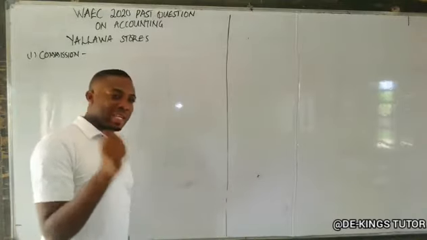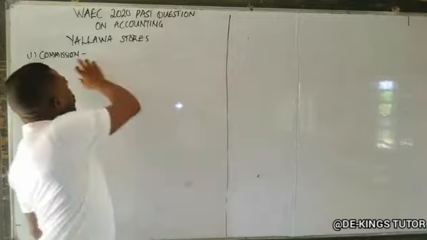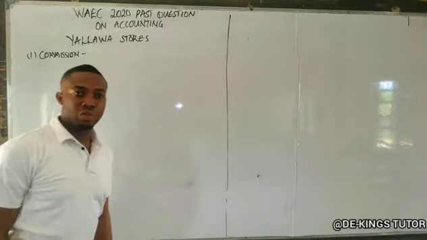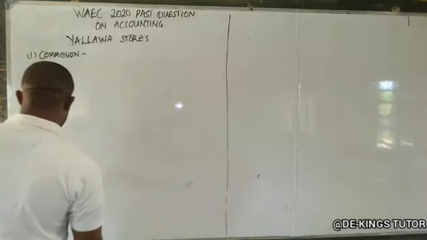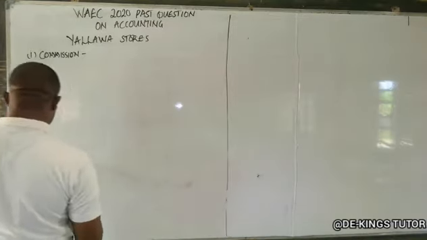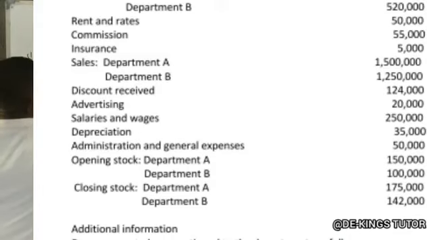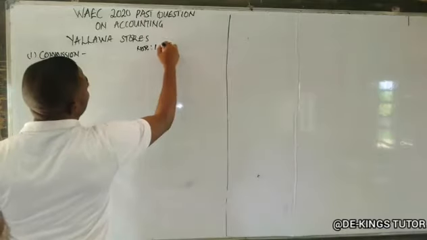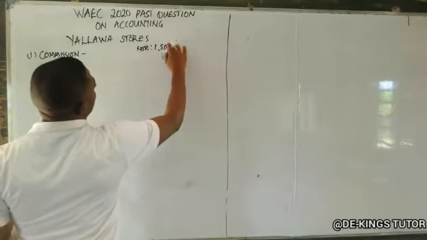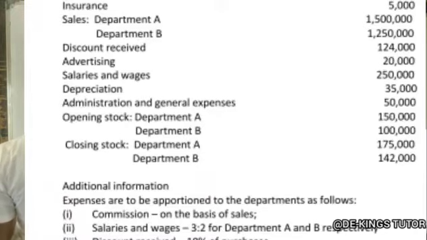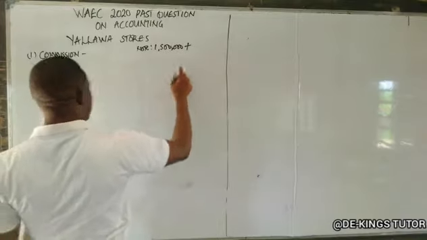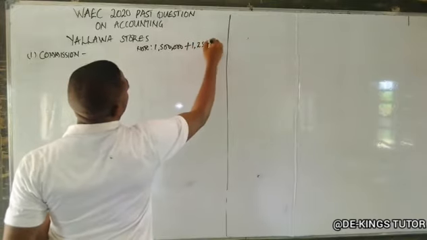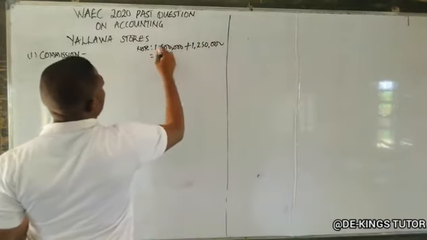So we have our sales for Department A, which is 1,500,000. Let's add it to Department B sales, 1,250,000. If you add them together, you will have 2,750,000. That's the total amount.